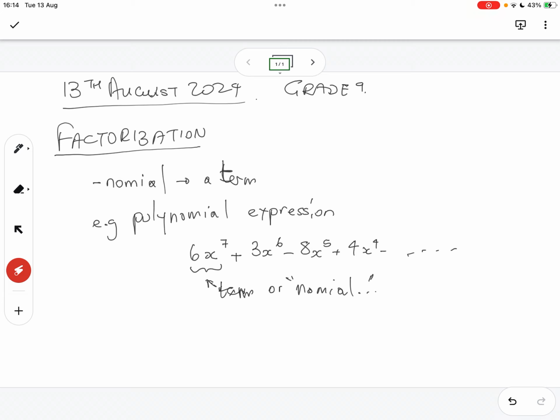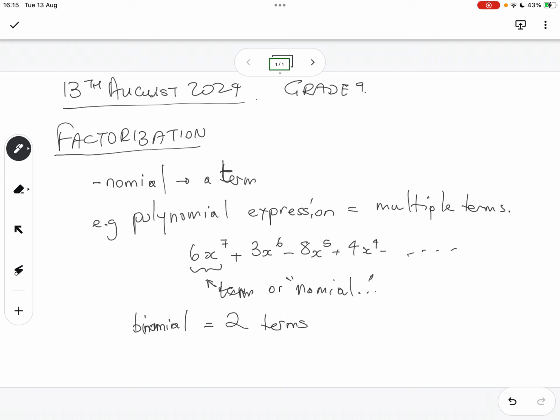Binomial: definition, operations, example. A binomial is a polynomial with only two terms. A polynomial expression will have multiple of these terms, but a binomial equals two terms.